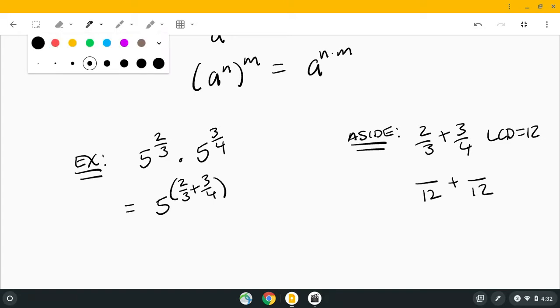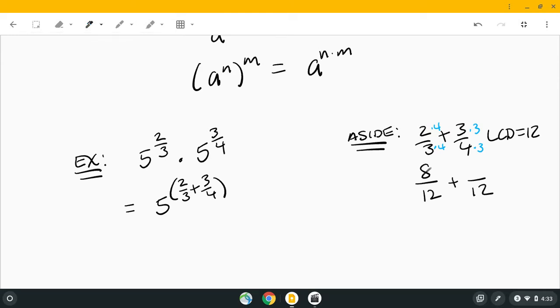I multiply the 3 by 4 and the top by 4 as well, and the other fraction's 4 by 3 and its top by 3. Then that becomes 8 over 12, and that becomes 9 over 12, and now I can add them. 9 plus 8 is 17. So this is going to be 5 to the 17 over 12, and you would just leave it like that.